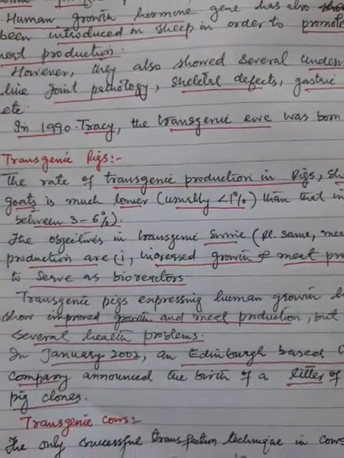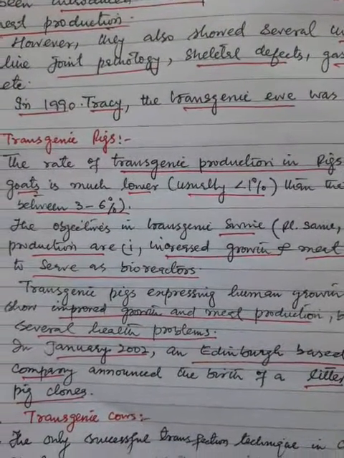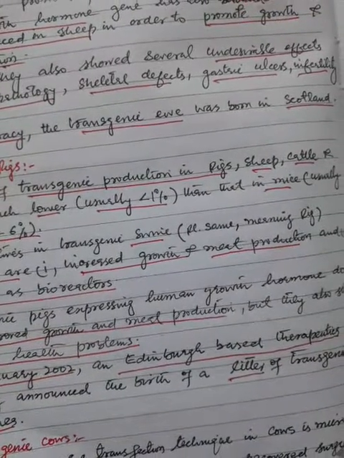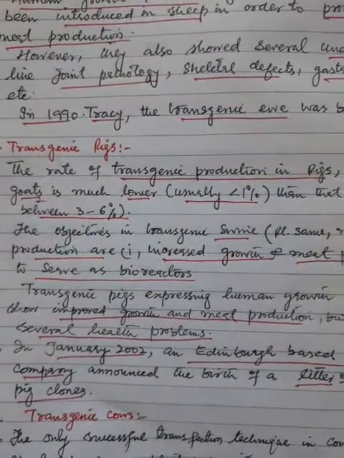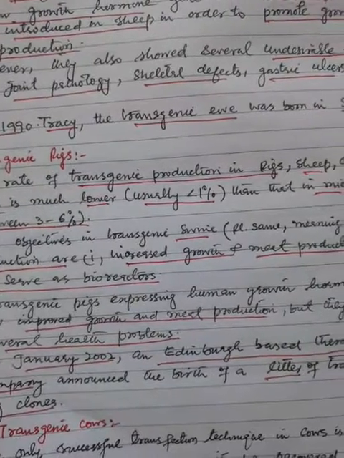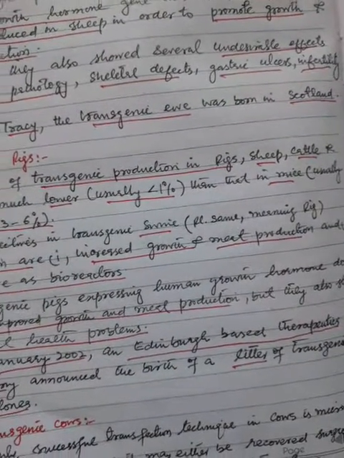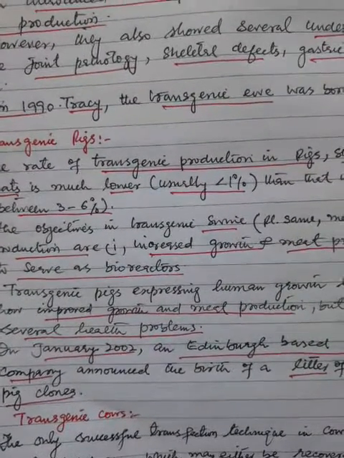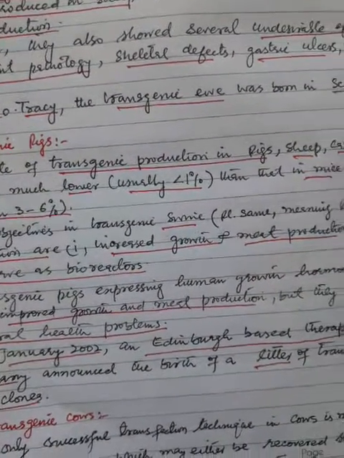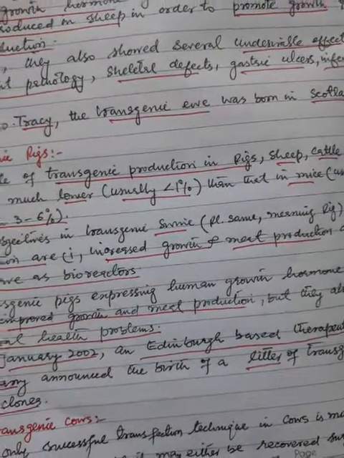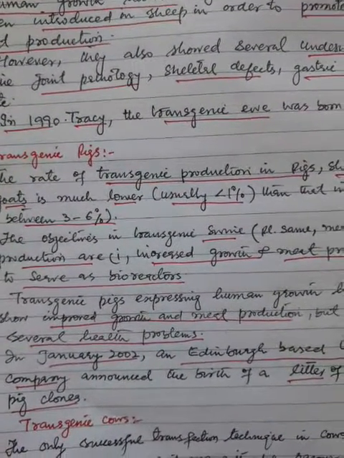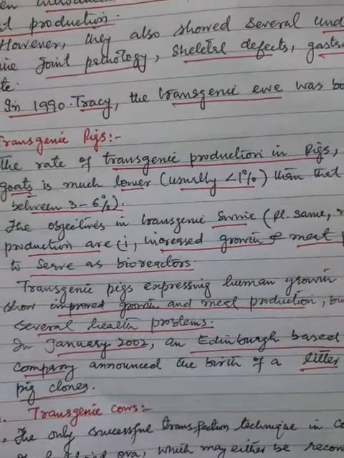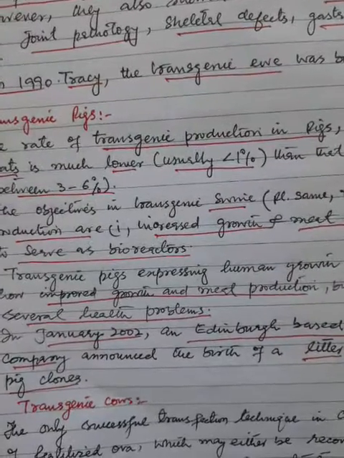Now, the transgenic pigs. The rate of transgenic production in pigs, sheep, cattle, and goat is much lower, usually less than 1%, than that in mice, usually between 3 to 6%. The objectives in transgenic swine, plural, same meaning pig, production are number one, increased growth and meat production, and number second, to serve as bioreactors.